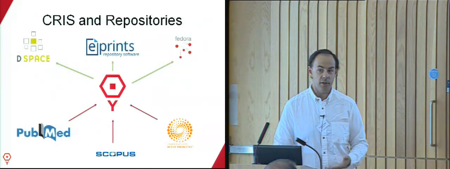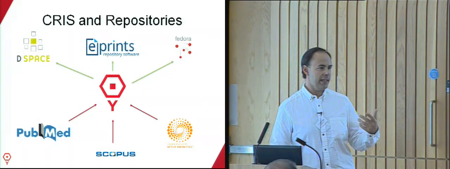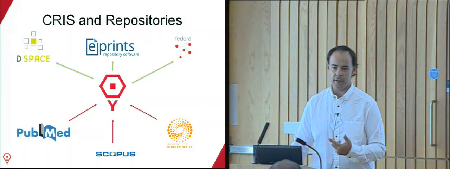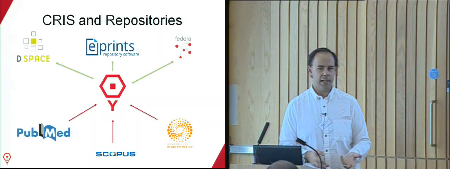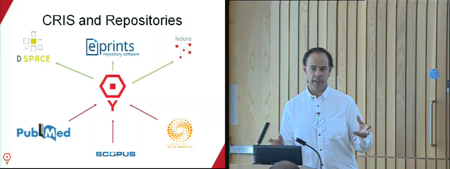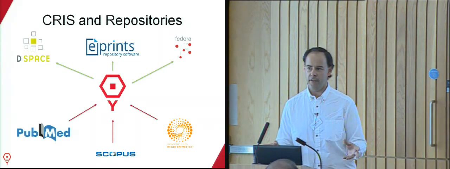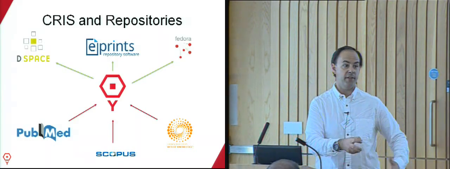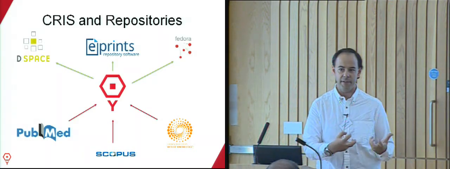We've already spoken at conferences like this about linking those systems with your repository, so people aren't duplicating work. They can manage their publications in the CRIS, deposit the full text easily into their repository, and take the metadata with them.